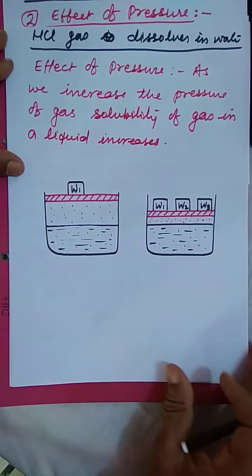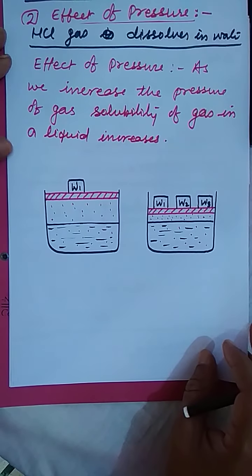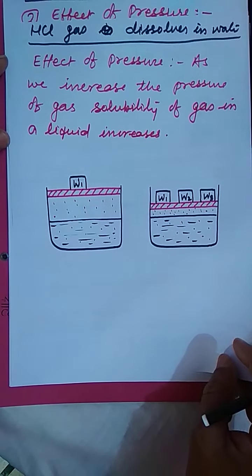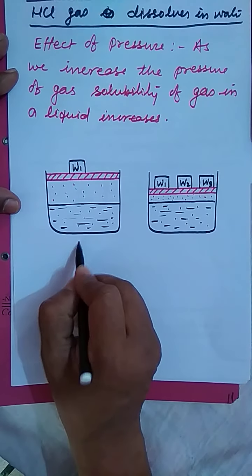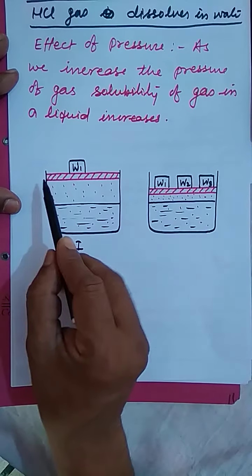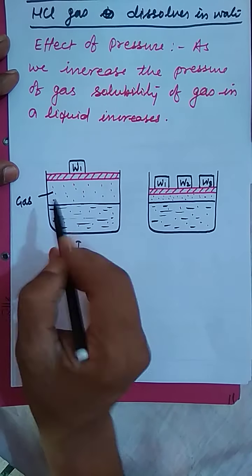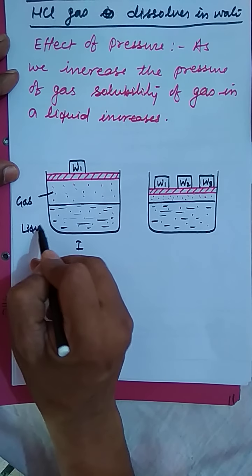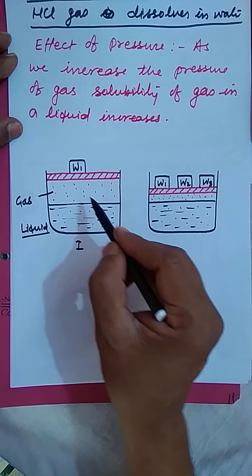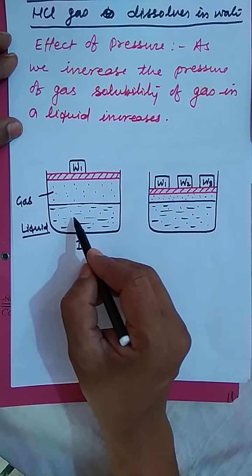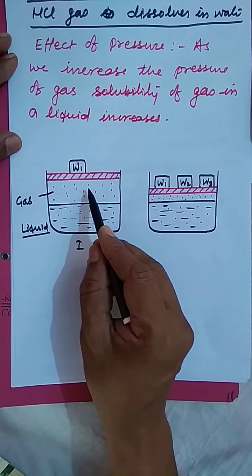In this diagram, it is very easy to understand the solubility of gas by increasing pressure. Here you see in figure 1 some pressure is applied over the gas. This is the gas and this is the liquid, and some of the gaseous molecules dissolve in it, and there is equilibrium between dissolved and undissolved gaseous molecules.